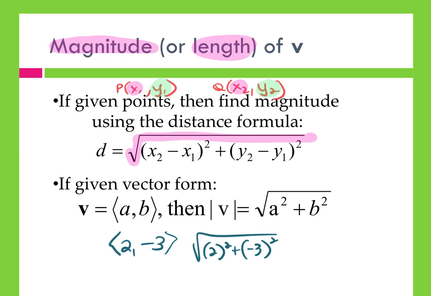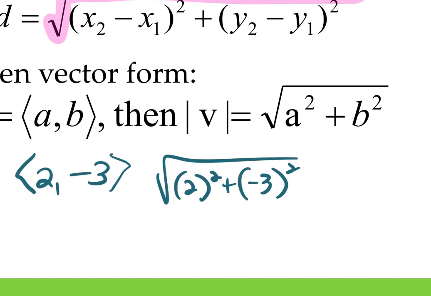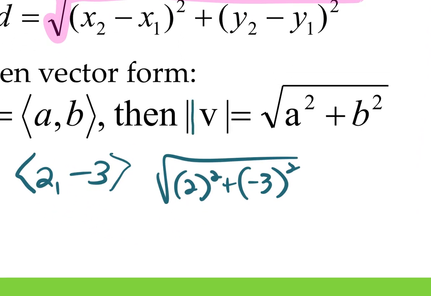If I have my component form, or my change in x and change in y, then I do the square root of a squared plus b squared. And this little v actually should have double lines. A double line around your v is saying magnitude. That is the magnitude of vector v. So double lines mean magnitude, meaning length. And the little sharp brackets mean component form.